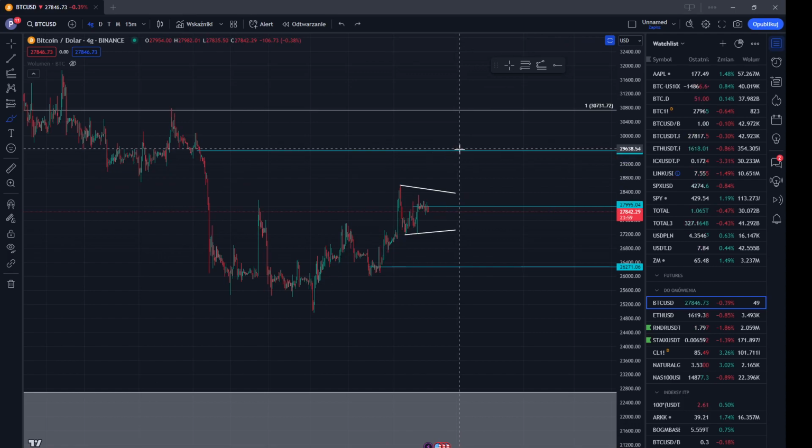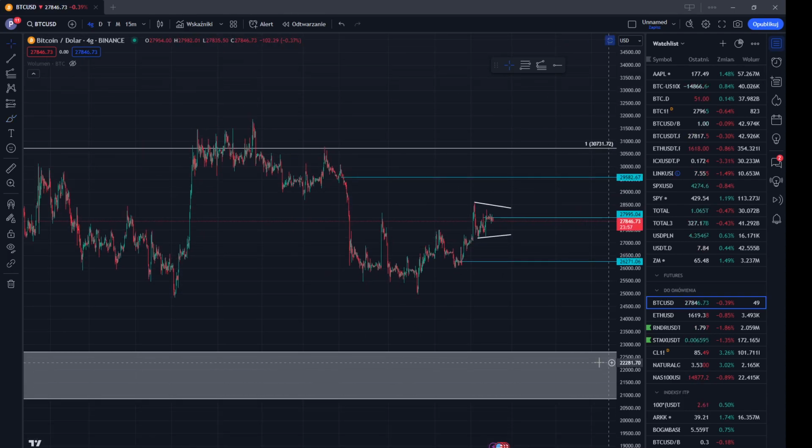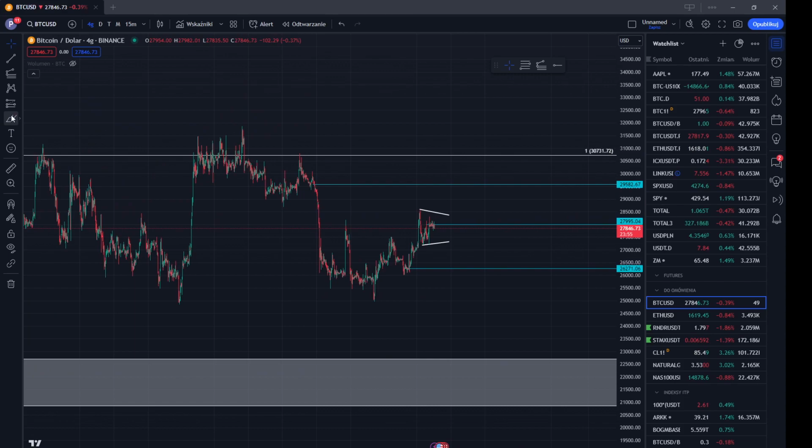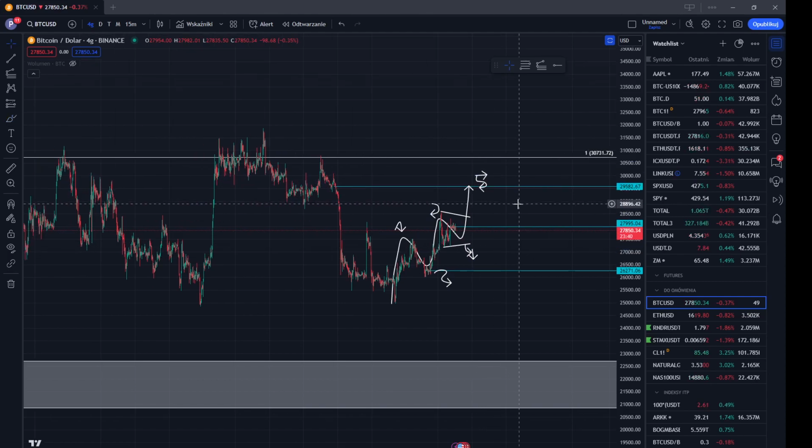With one impulsive move, because if we chop like this, that for me is a 5-wave move: 1, 2, 3, 4, and then 5. So that means this is an impulse.